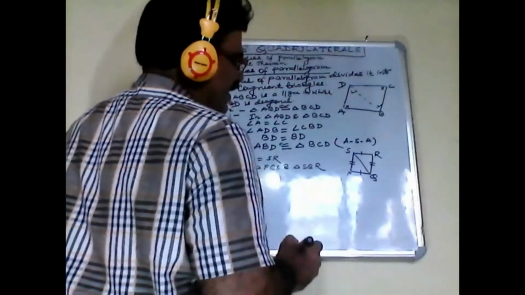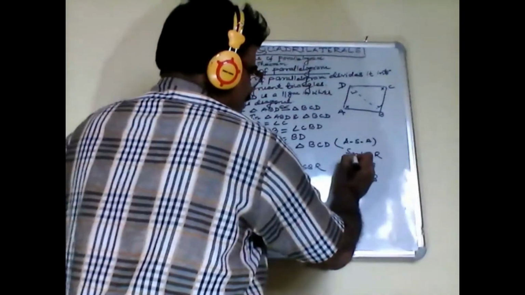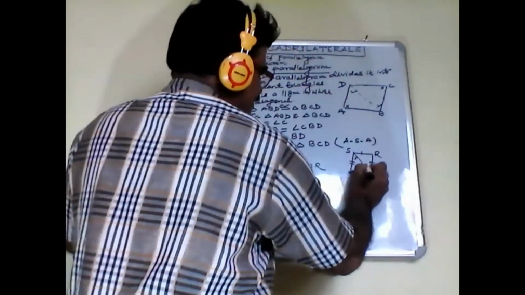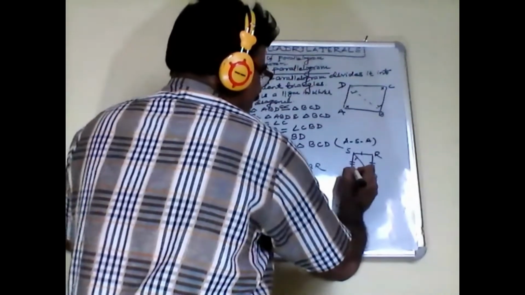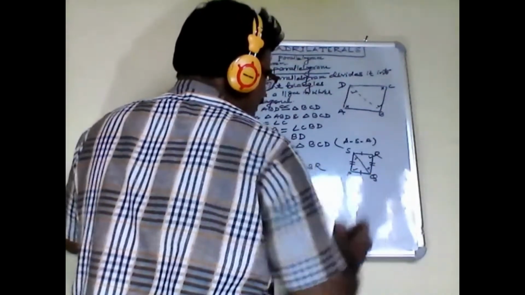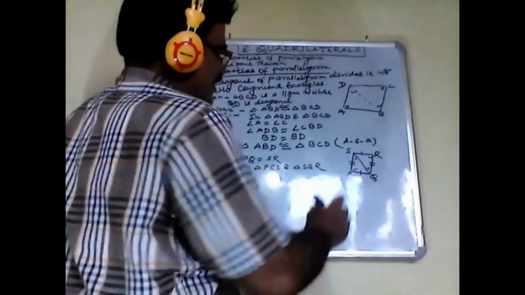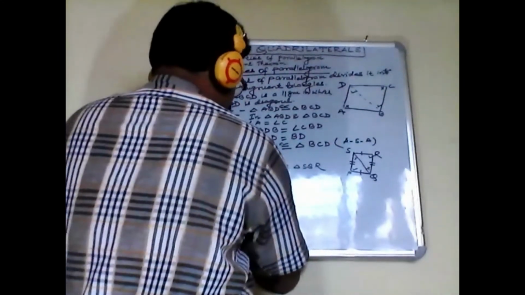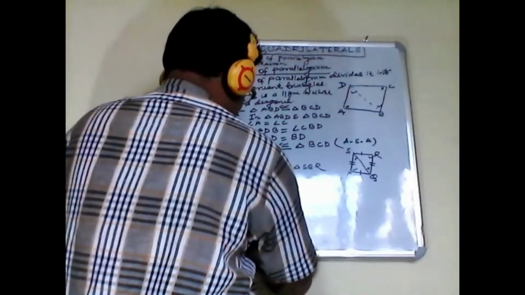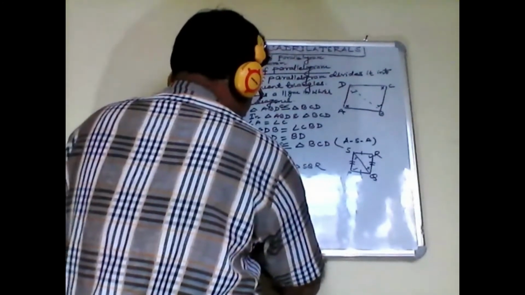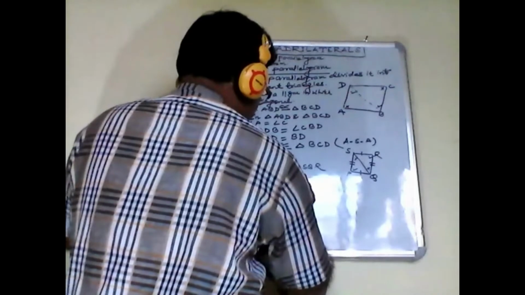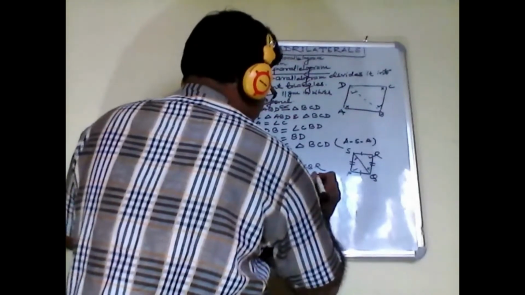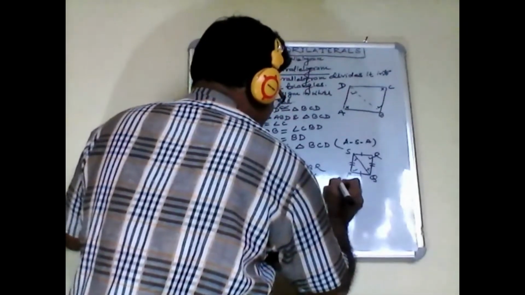You can prove by ASA, because this angle is equal to this angle. This is already equal. On such conditions, and SQ is common in both, so these two triangles, triangle PQS is congruent to triangle SQR by ASA.